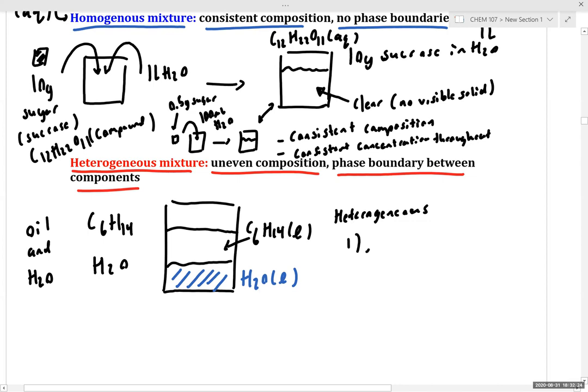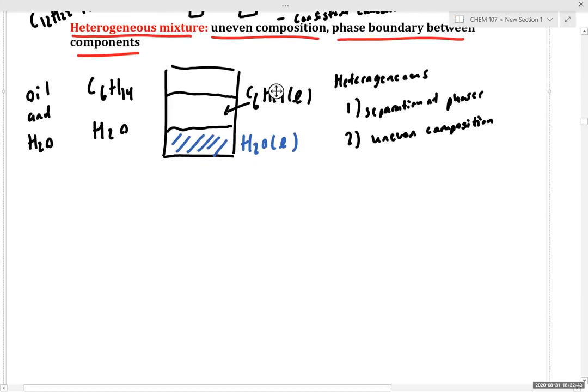As we can see very clearly, this is heterogeneous. Why? One, there is a separation of phases. And two, this heterogeneous mixture has an uneven composition. Another case where we see heterogeneous mixtures is if we have an insoluble solid.